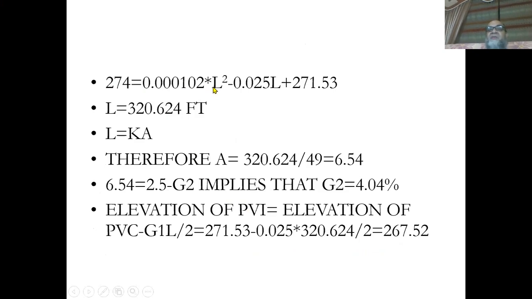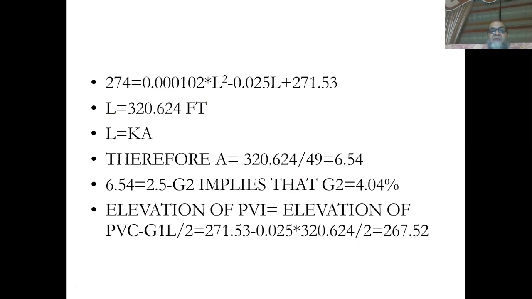We have replaced x with L. We can always solve this equation to find L. And since we want to find A, we know K, we know L, therefore we find A, and consequently, once we find A, we find T2. Now everything is solved.